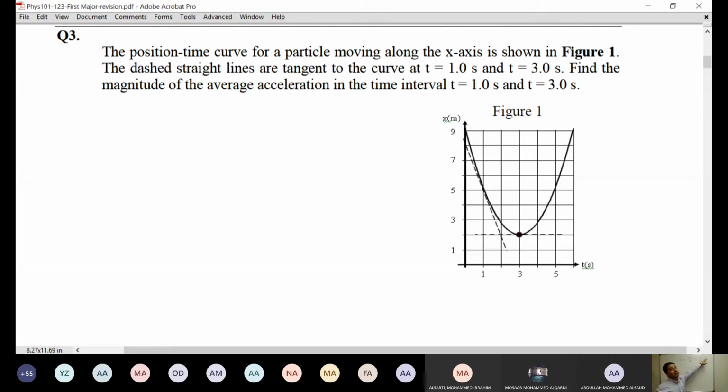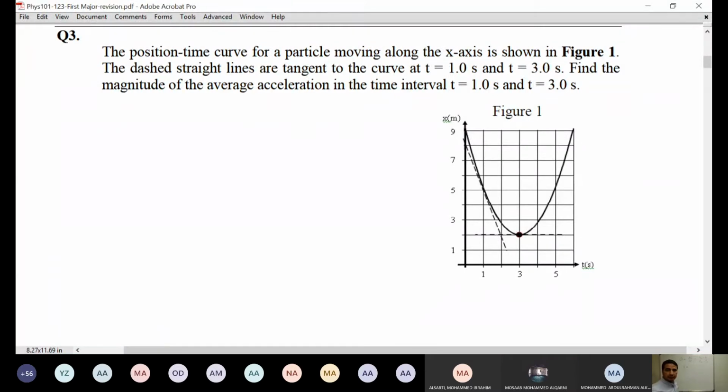But can someone tell what is the velocity at t equal to 1 second? We need to take the slope of the tangent. That's an excellent answer. So here we need v1, and for v1 we need the slope of this.